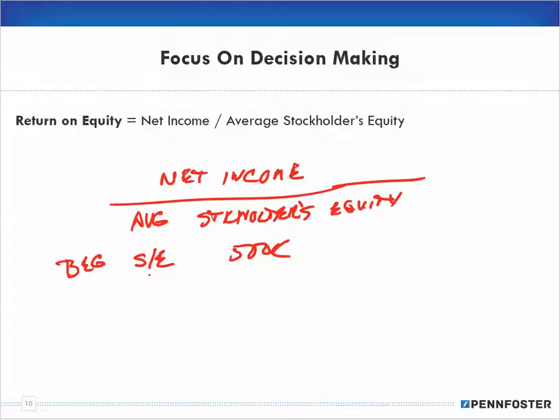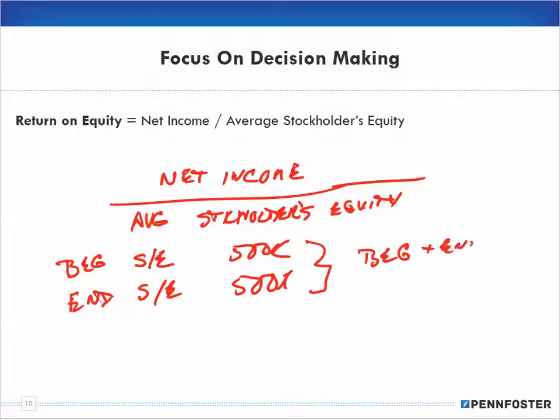Well, I'll get into that in just a second. But if nothing happens and your ending stockholders' equity stayed the same, meaning you didn't have a profit or loss, and you didn't have any effects on stock or things like that, then your average stockholders' equity is taking your beginning plus your ending, and then you divide it by 2.